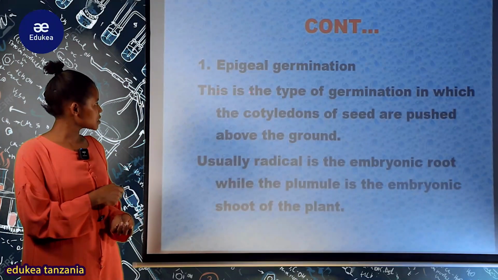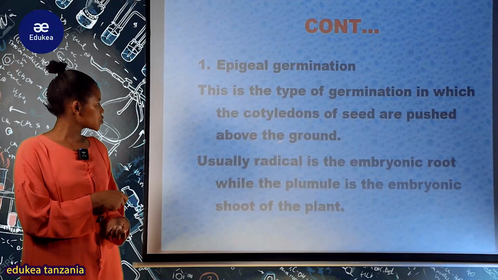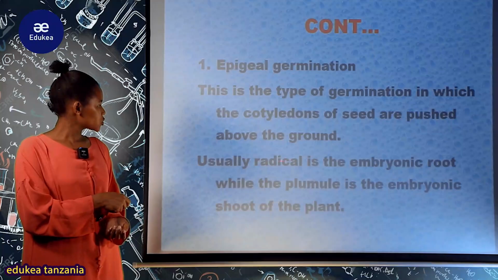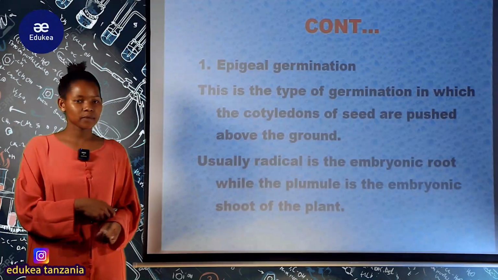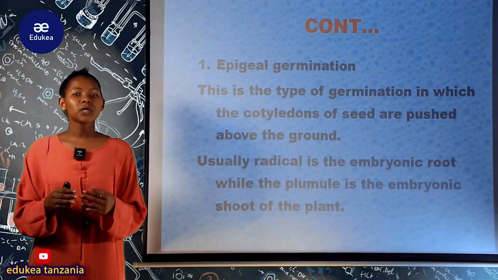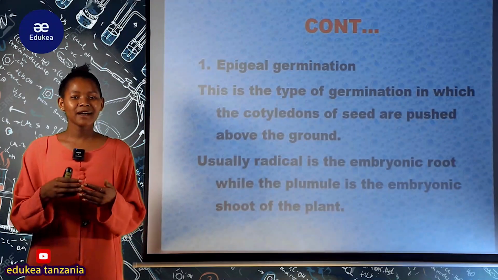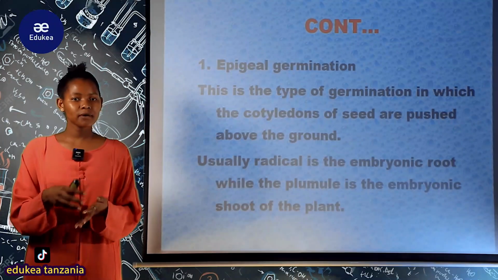Epigeal germination is the type of germination in which the cotyledons of the seed are pushed above the ground. The radicle is the embryonic root, while the plumule is the embryonic shoot of the plant. My good student, when we talk about epigeal germination, tunamaanisha ni ile aina ya germination ambapo cotyledon inakuwa pushed above the ground.